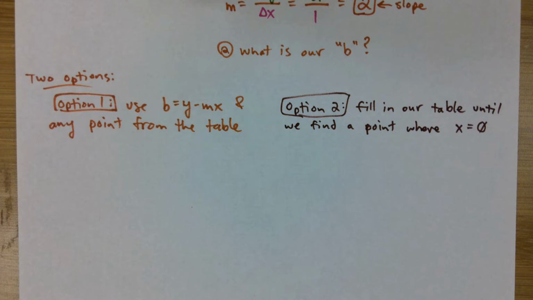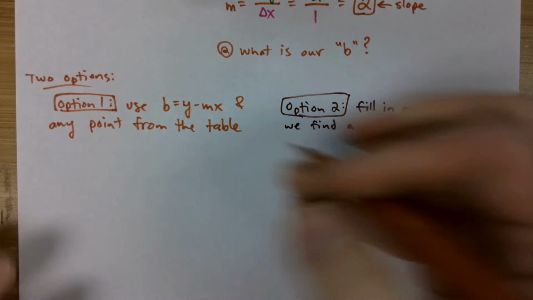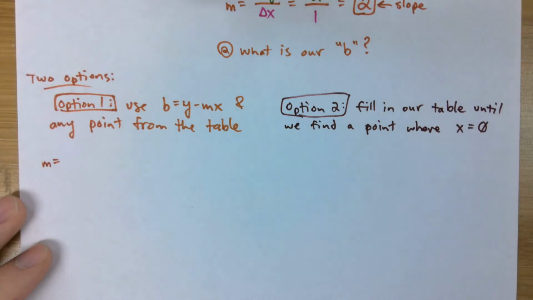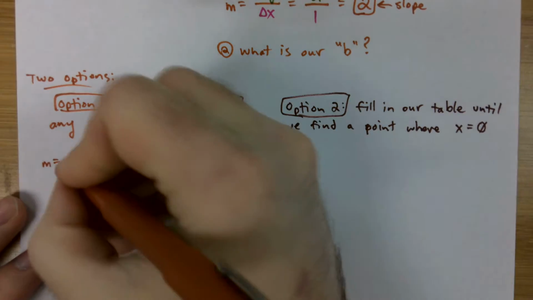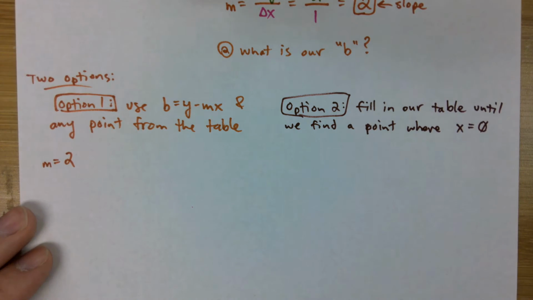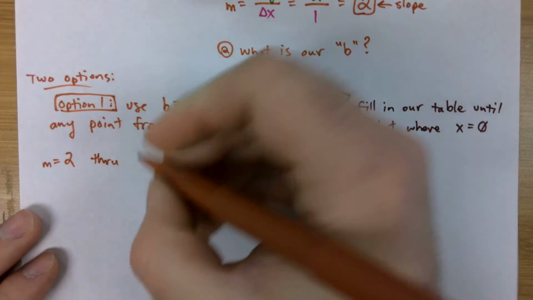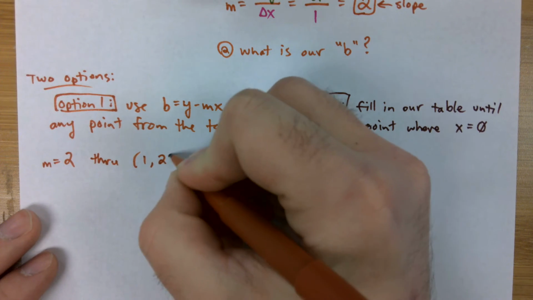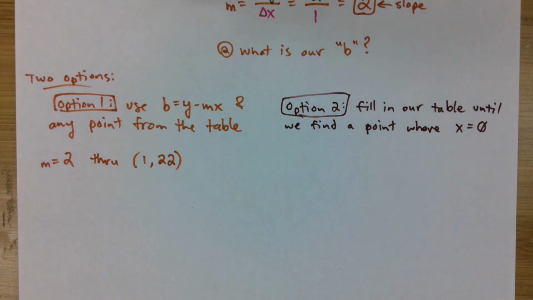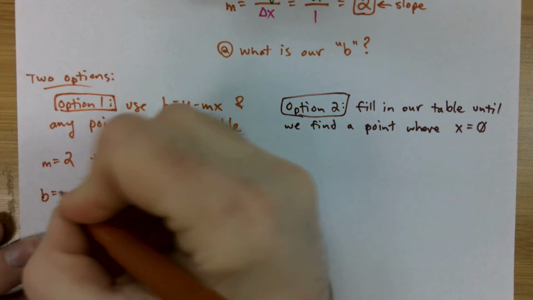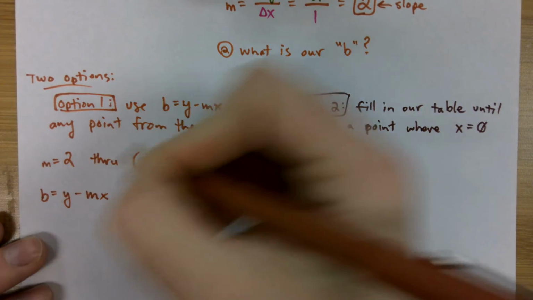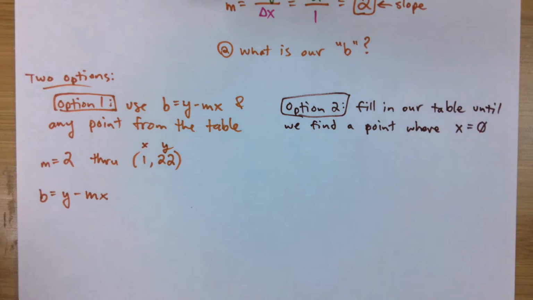So let's go ahead and see what option 1 is going to look like. Sorry, we're going to take the point. Well, we know that our slope is equal to 2. And we're going to use the point 1, 22. B equals y minus mx. X is 1. Y is 22.